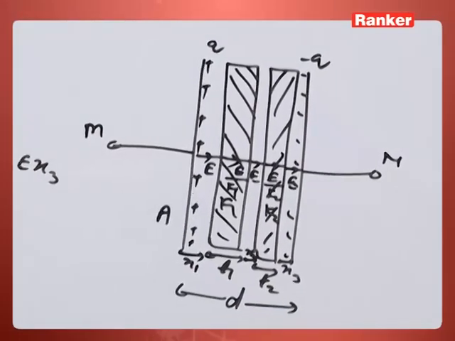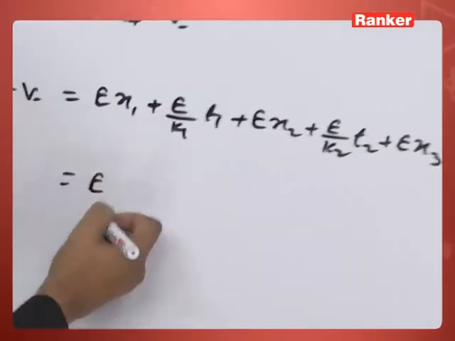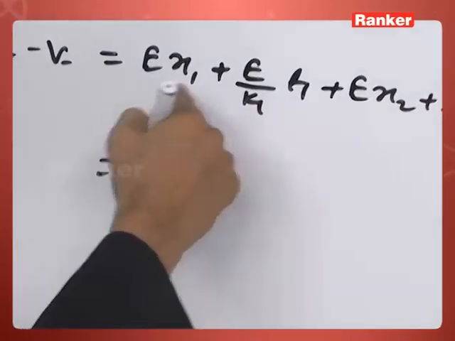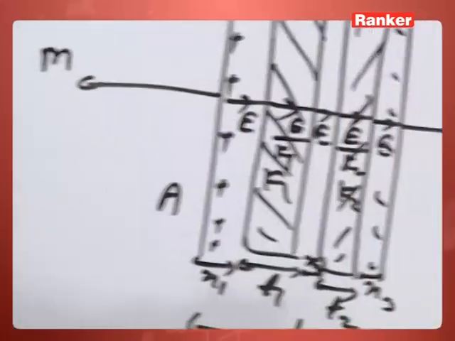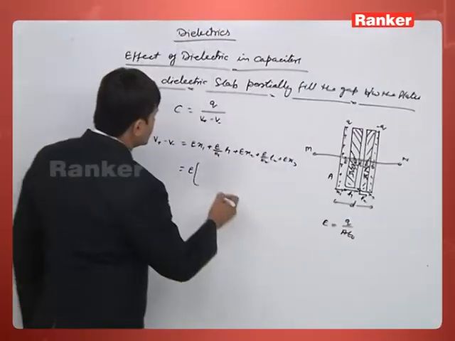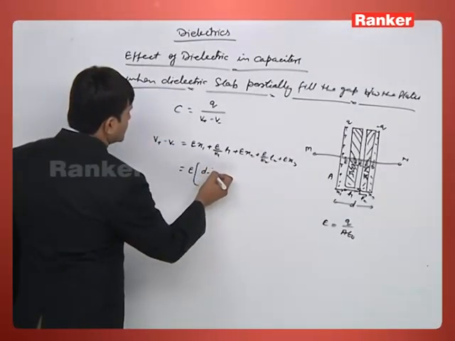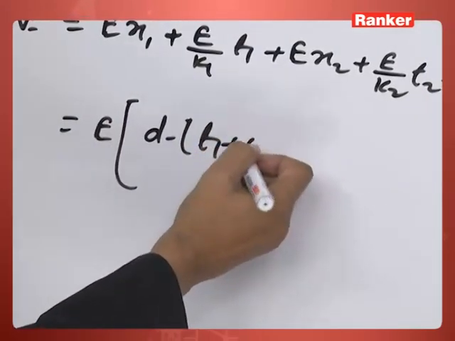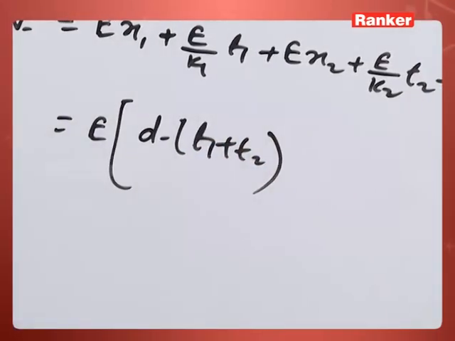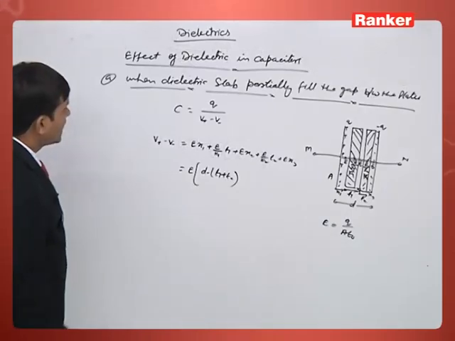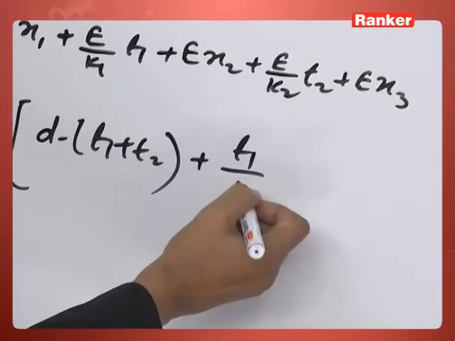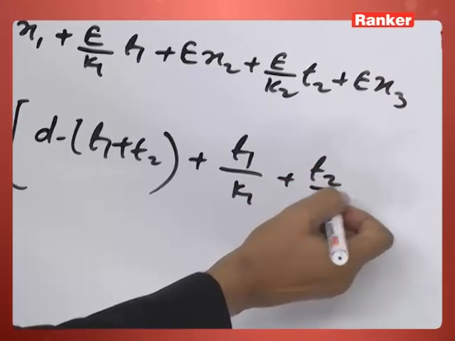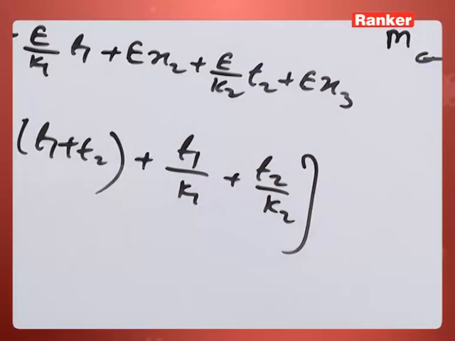Now we can take E common here. So x1 plus x2 plus x3. x1 plus x2 plus x3 is nothing but d minus T1 minus T2, and the remaining terms will be T1 by K1 plus T2 by K2.